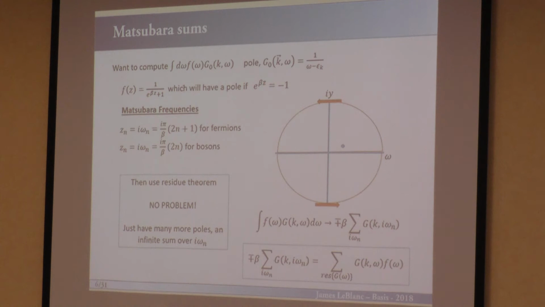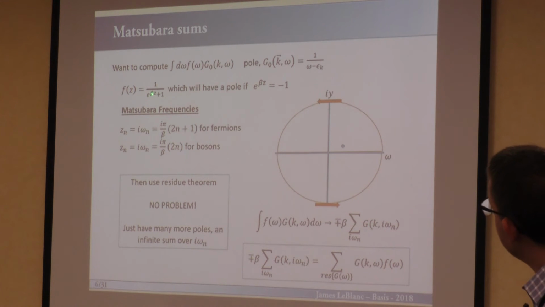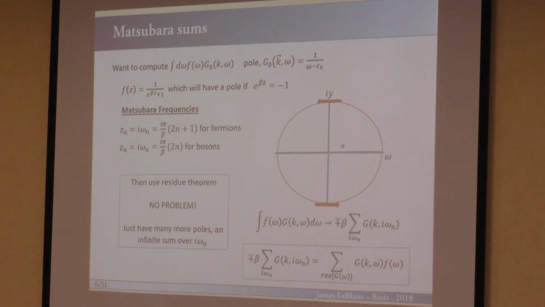What if you want to compute integrals of Fermi functions times Green's functions? Hypothetically. The problem is that a Fermi function will have a pole if you extend the energy to the complex plane, and it'll have a pole when that exponential gives a -1.